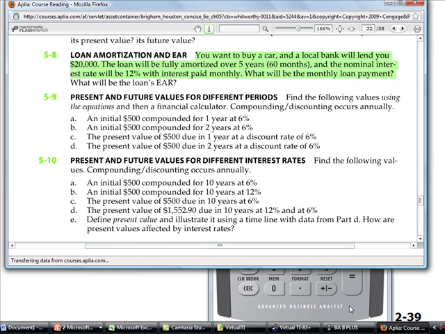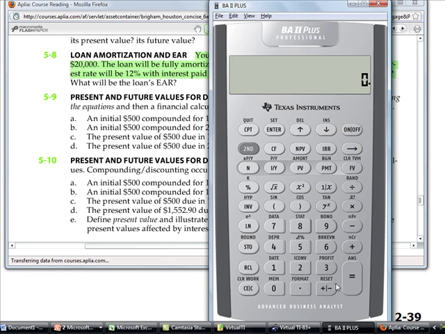So we should be thinking in terms of months, not in terms of years. If that's the case, then what's the value of N? This is a 5-year loan, but N is not 5 because that's the number of years. We need to be counting months. There are 60 months in this problem. 60 is our value of N.